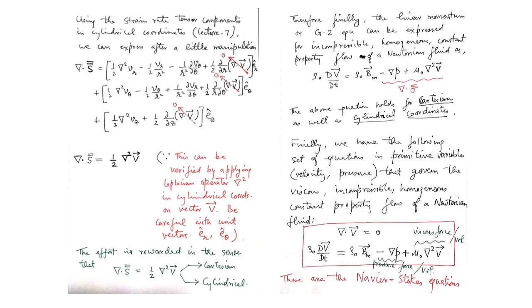You can always sit in your rooms, and whenever you feel like it, show that whatever I've written on the right for the divergence of the strain rate tensor can finally be shown to be equal to half of the Laplacian of velocity again. I've written in brackets that this can be verified by applying the Laplacian operator del square in cylindrical coordinates on vector v.